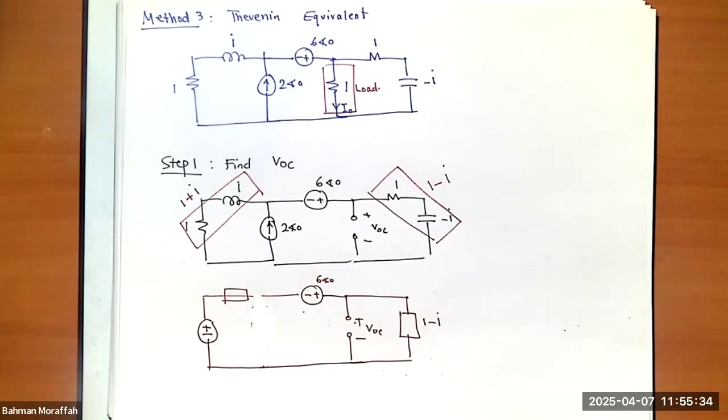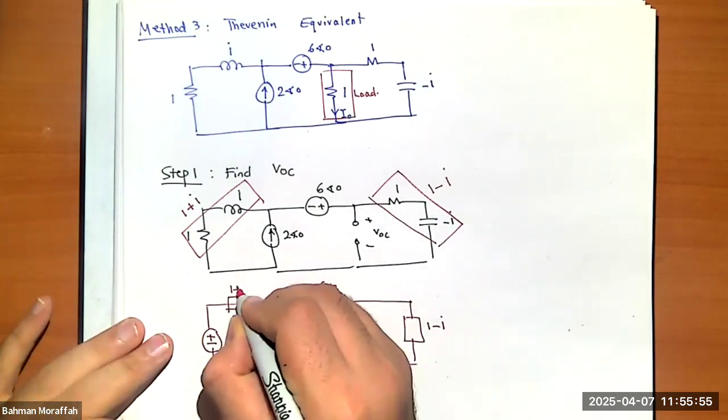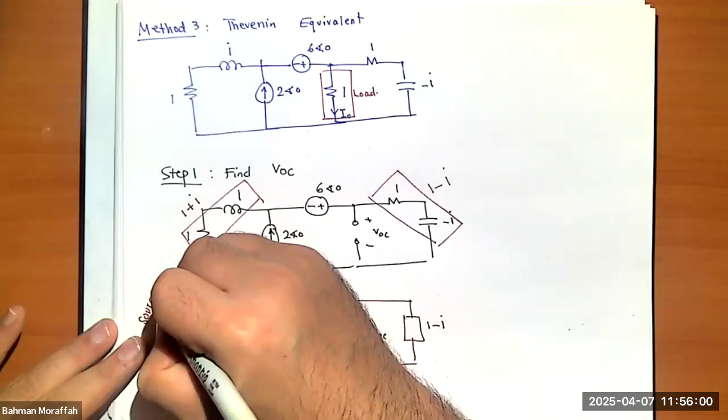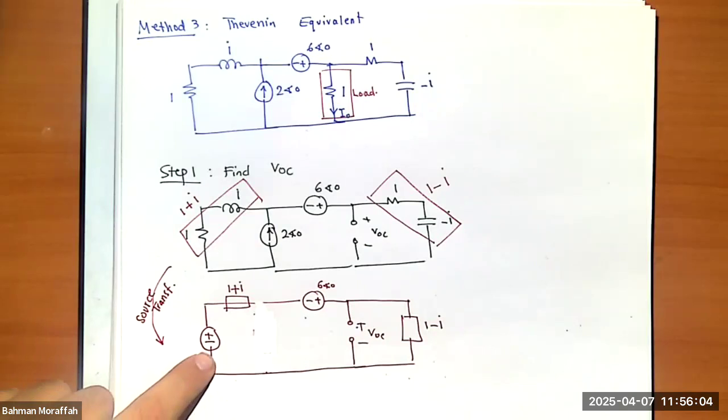Right? All I have to do is to determine what these values are. What is the value of the impedance? What is it? Remember, for the source transformation, the value of R did not change, right? So if it's 1 plus I over here, it remains 1 plus I. Again, we're doing source transformation, right? What is the value of V over here?